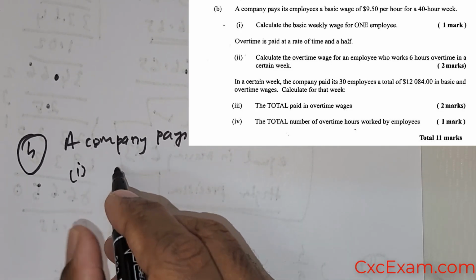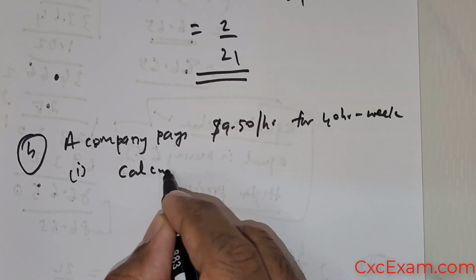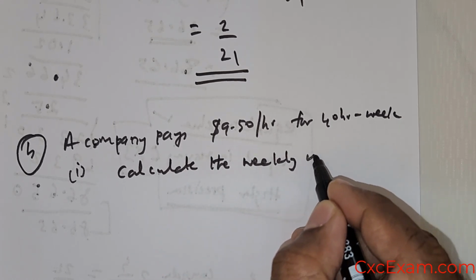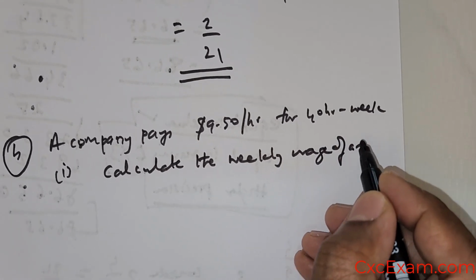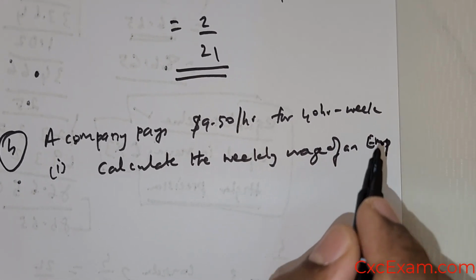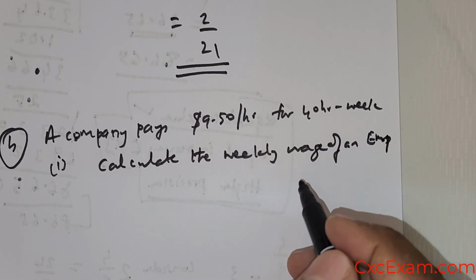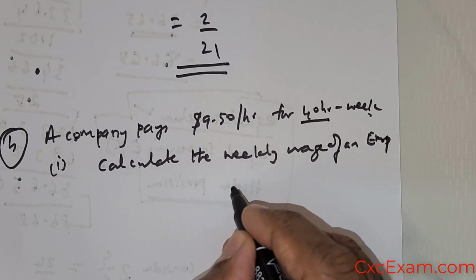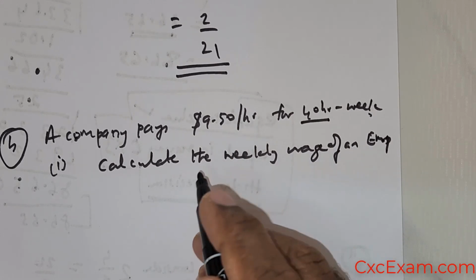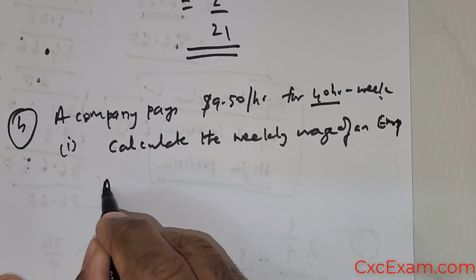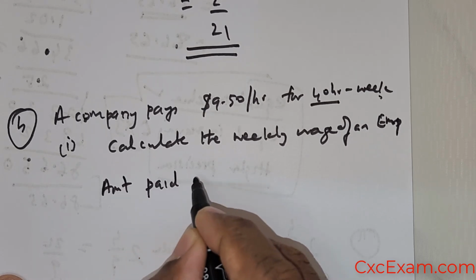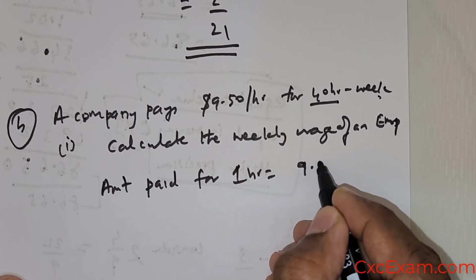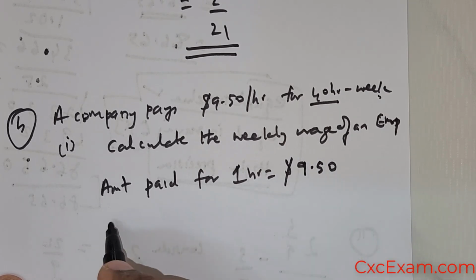Now the first question wants us to calculate the weekly wage of an employee. So what you've got to do is, 40 hours a week, and for 1 hour the amount paid is $9.50.